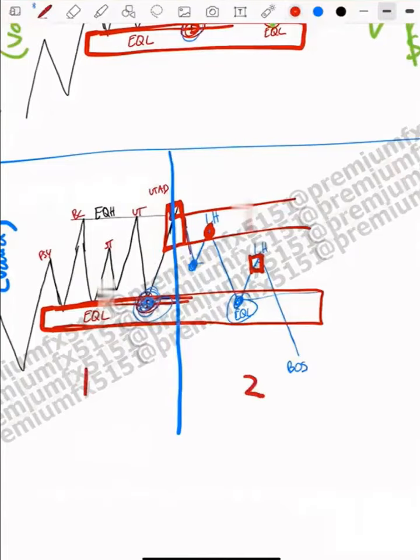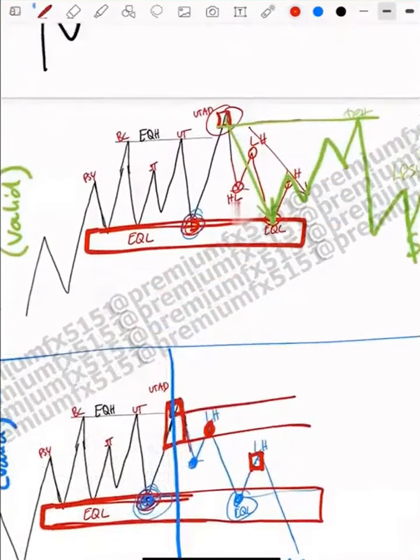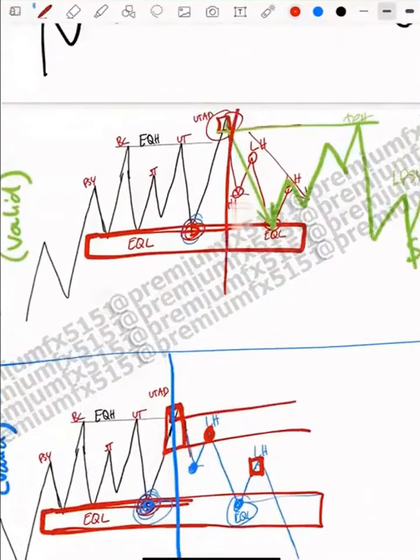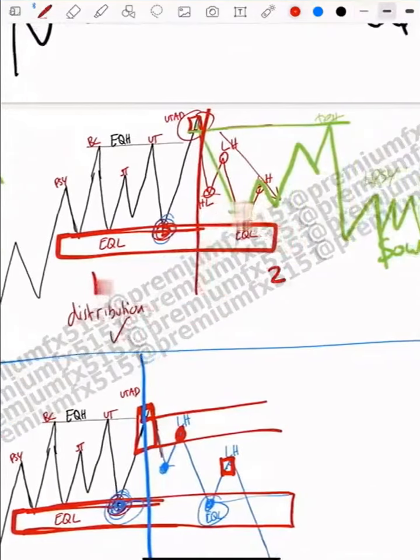And if it is a distribution, again, divide it in half. If it is a distribution, your first half will look like a distribution. It will follow suit of a distribution. Your second half will also look like a distribution.